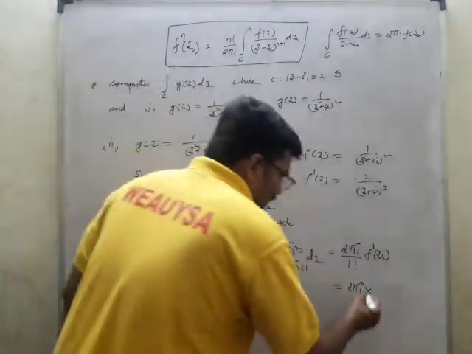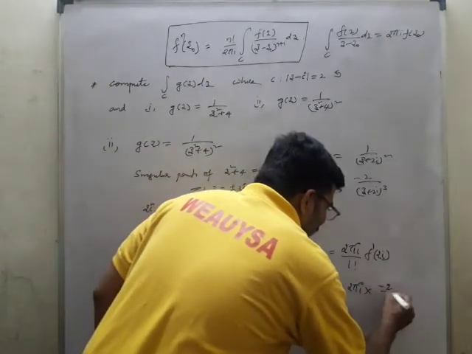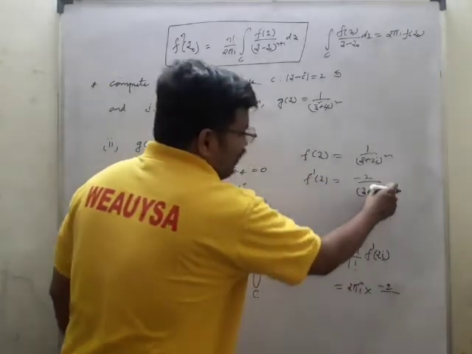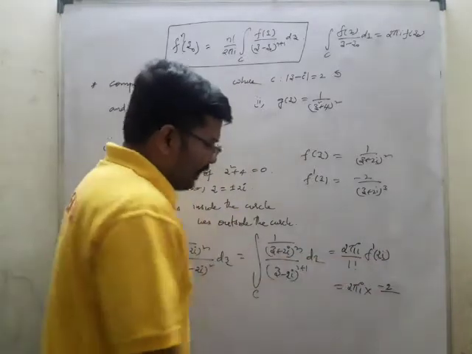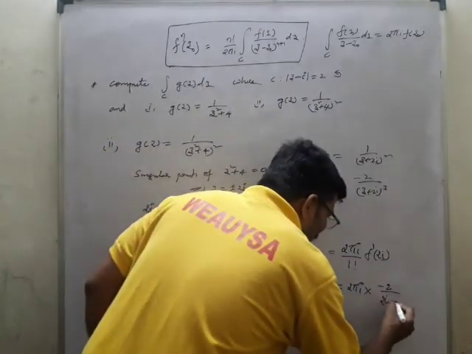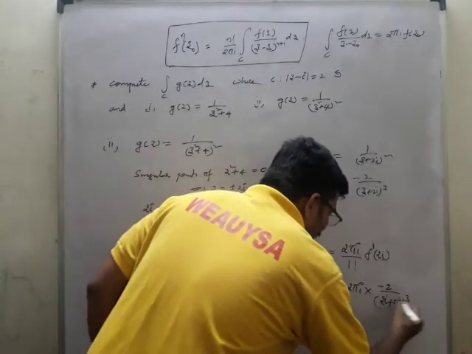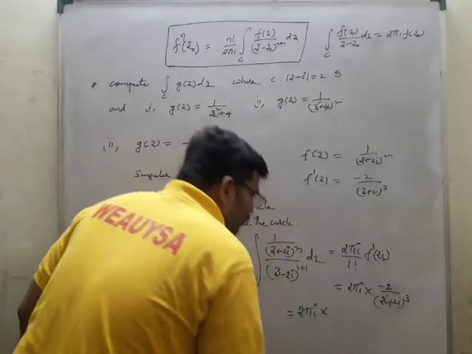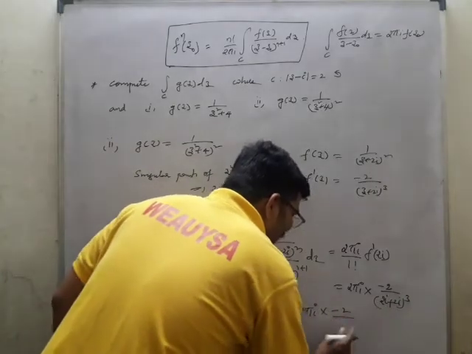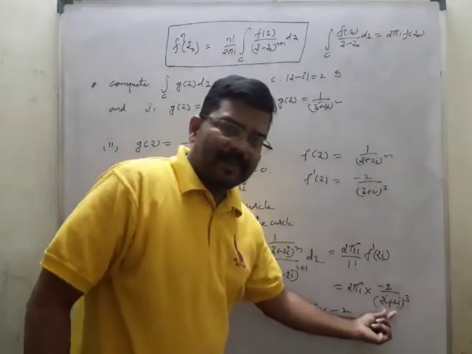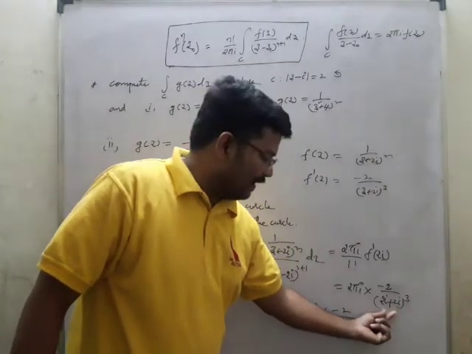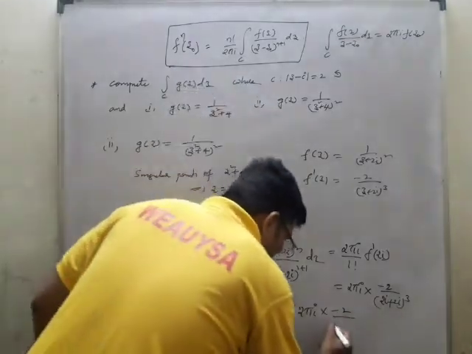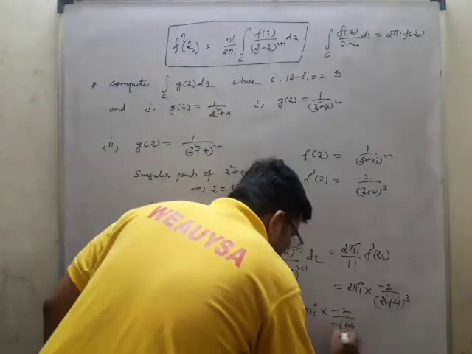So the same thing I'll write here: minus 2 by z plus 2i whole cube, where z is 2i. So I may write 2i plus 2i whole cube. Therefore what we get is 2 pi i into minus 2 by 4i whole cube, which is minus i into 64.